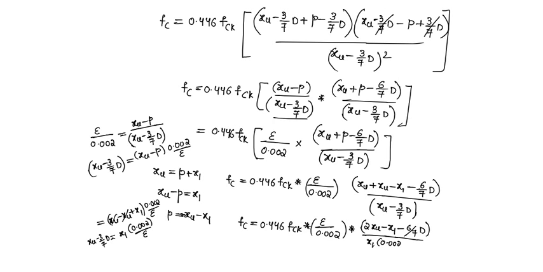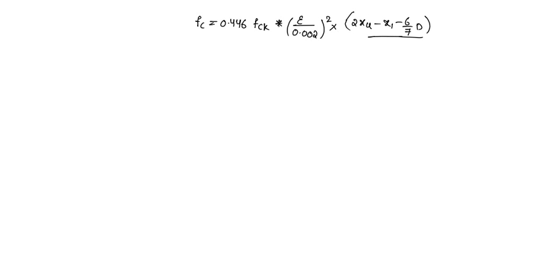The value is x1 into 0.002 by epsilon, then Fc will be equal to 0.446 fck into epsilon by 0.002 whole square into, in the numerator, 2xu minus x1 minus 6/7 of d, by, in the denominator, x1.